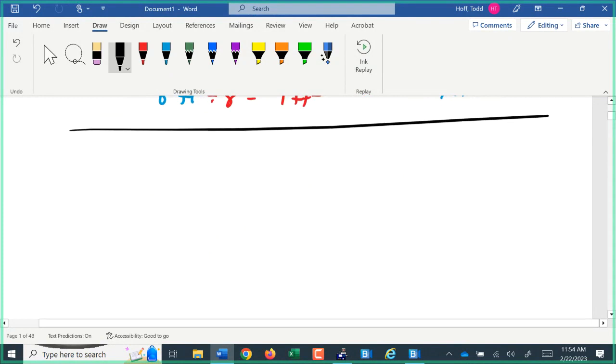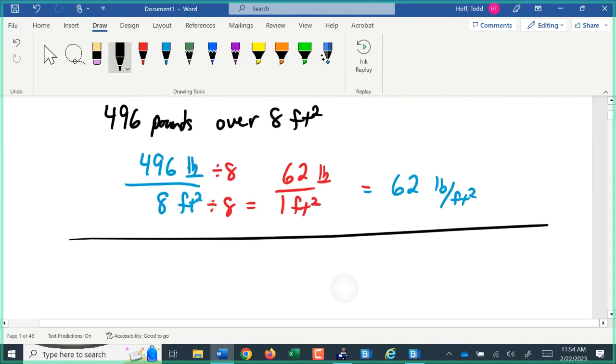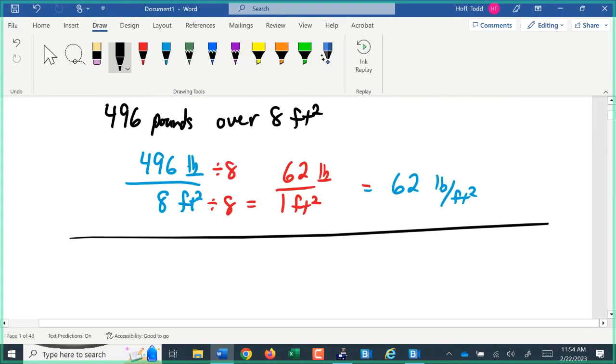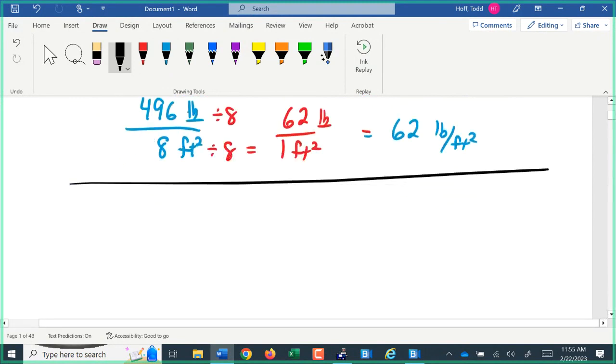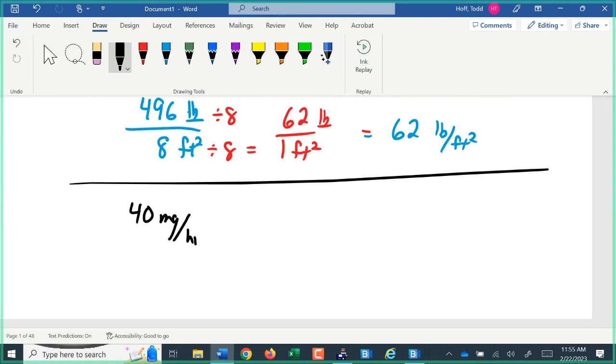Other rates you would run into are consumption rates, ounces per hour. We're going to have all sorts of rates in the medical field. We're going to have flow rates, which will be like 40 milligrams per hour, or 5 milliliters per minute. Drops per minute is one we'll explore when we do our medical or dosage calculations.